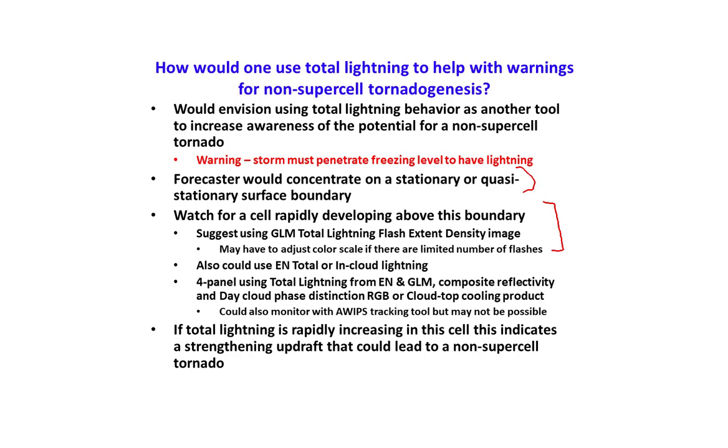But if you think conditions are possibly right for a non-supercell and you see this rapid growth of lightning coincident with this cell trying to develop, that could be a cell to focus on, and maybe you don't have enough, it might not be wise to go out with a warning, but maybe you put out a statement, or if you get that call, you don't dismiss it. You say, well, okay, I've been watching that cell. So it's a tool to add to the chance of maybe having some chance to warn for these types of things.